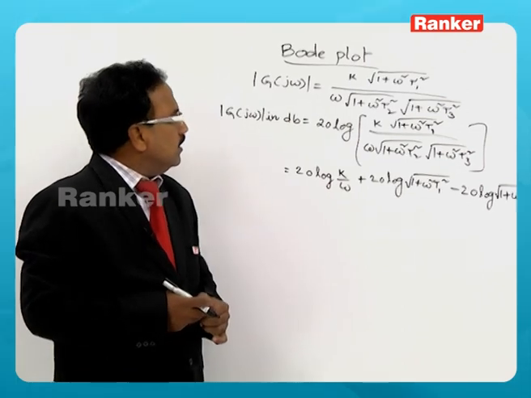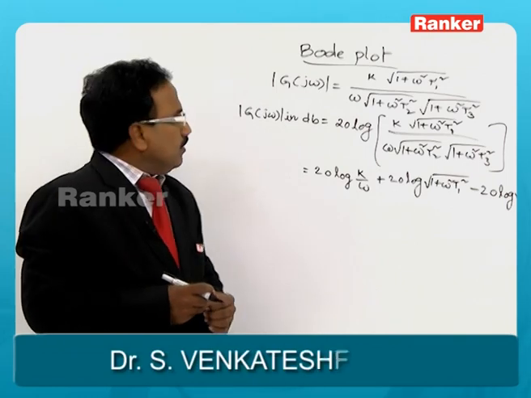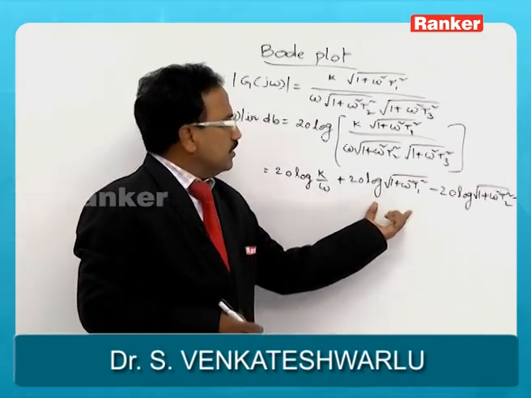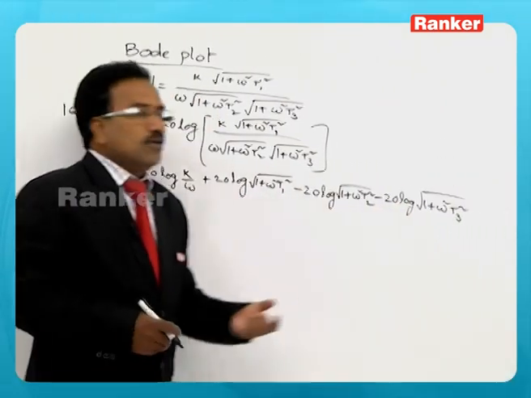So, you can see that the magnitude now has terms of addition. So, 20 log k by omega plus 0, and this is pole, and this is also pole.